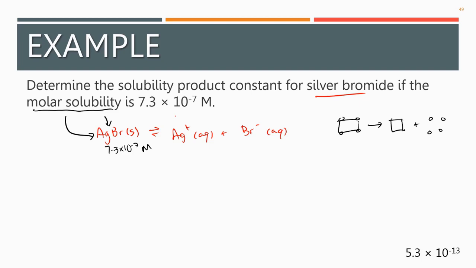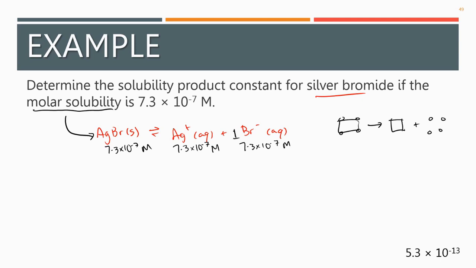So if 7.3 times 10 to the negative 7 moles per liter of silver bromide breaks down, I would have 7.3 times 10 to the negative 7 molarity of that ion. It's a 1-to-1 ratio. So if 1 mole of this would break down, I'd get 1 mole of that. And if 2 moles of this would break down, I get 2 moles of that. And I can see the same thing for the bromide too. So this is going to be 7.3 times 10 to the negative 7 as well, right?